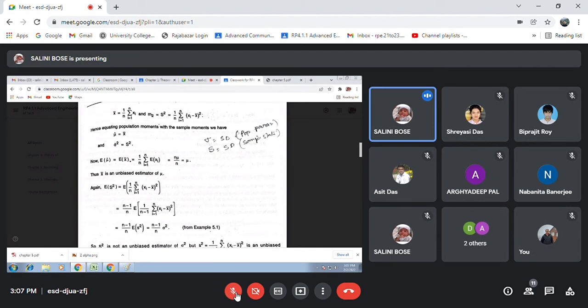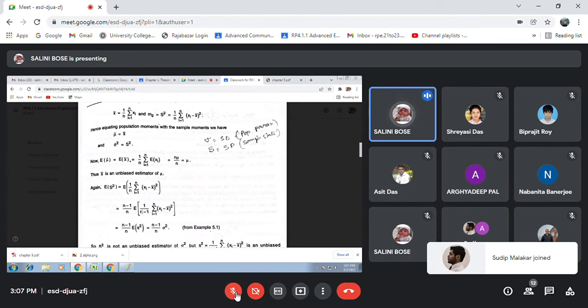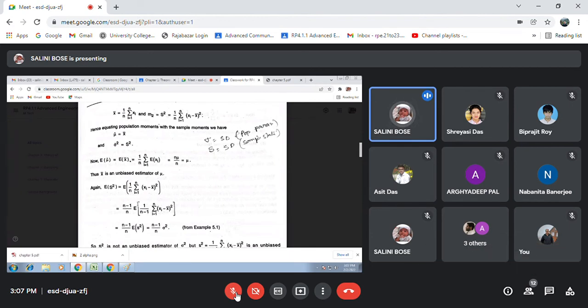This is the formula for capital S square, but the formula of small s square has 1 by n minus 1. So if we write n minus 1 here and multiply with n minus 1, we get this formula, the summation of i equal to 1 to n of xi minus x bar whole square by n minus 1.